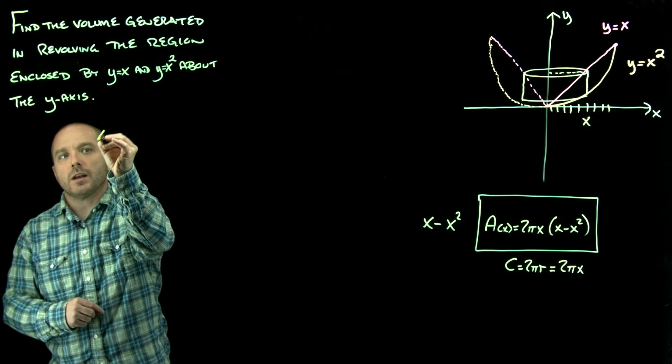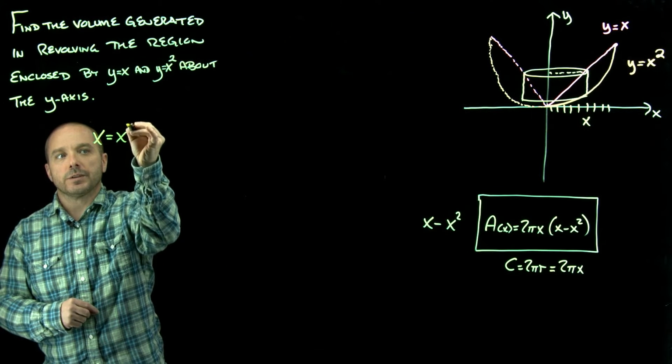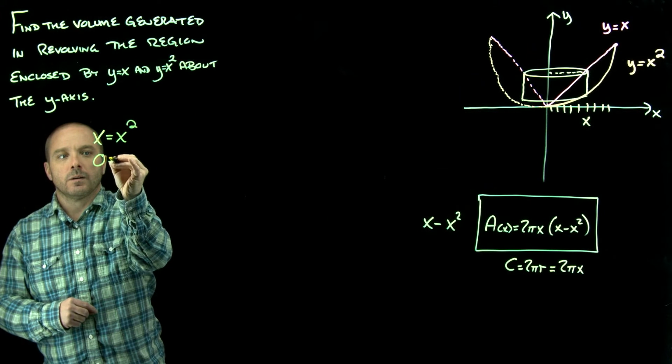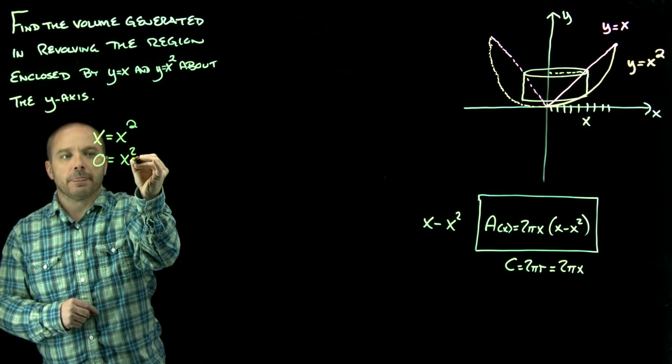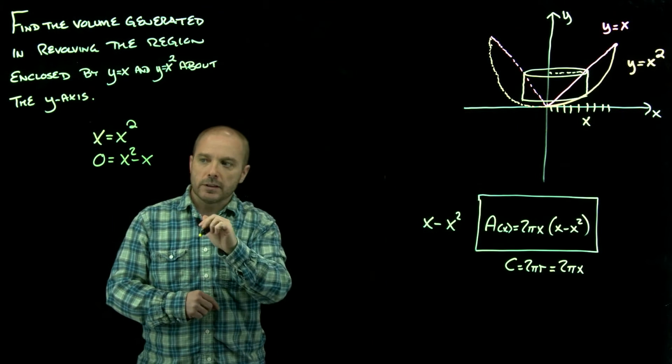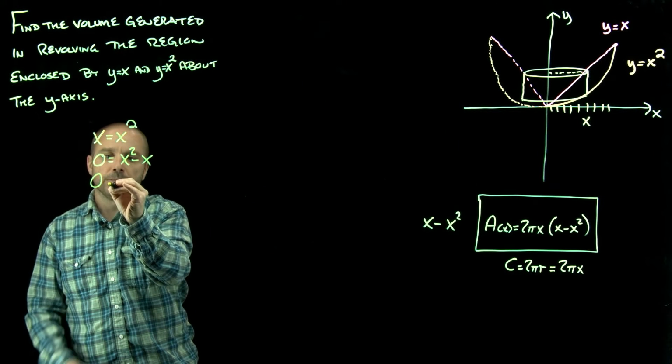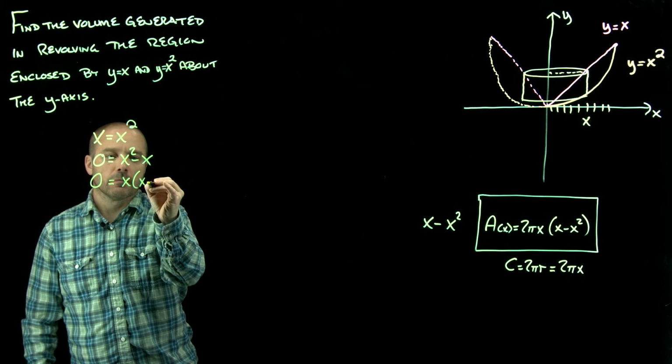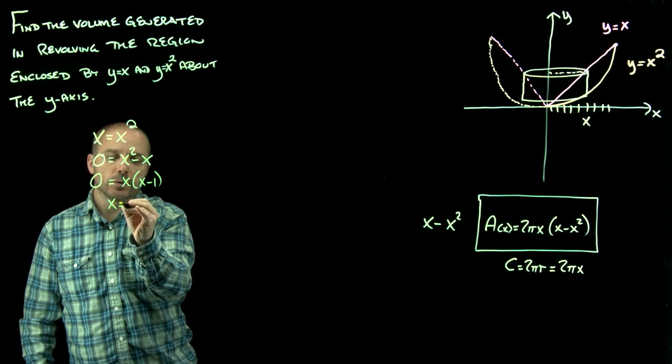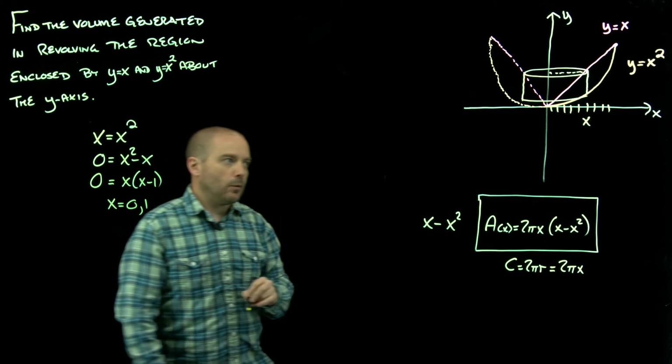So we want to know when is x equal to x squared. Solving, gather everything to one side and factor. Set those factors equal to 0, and we get two solutions.